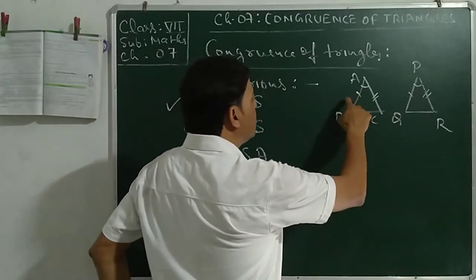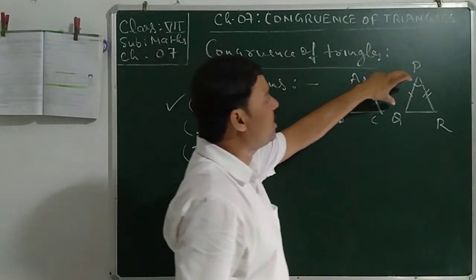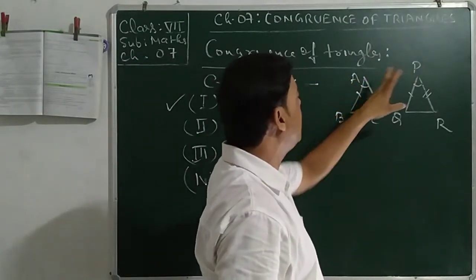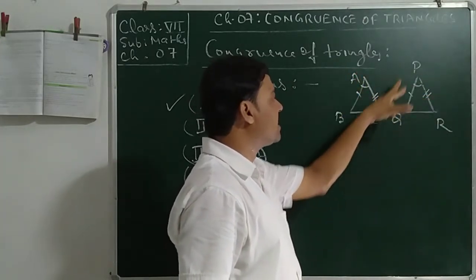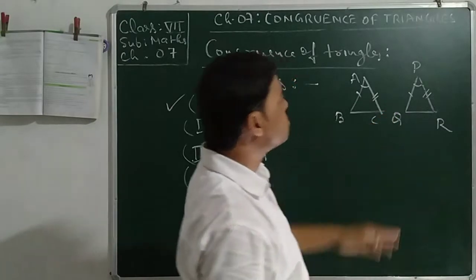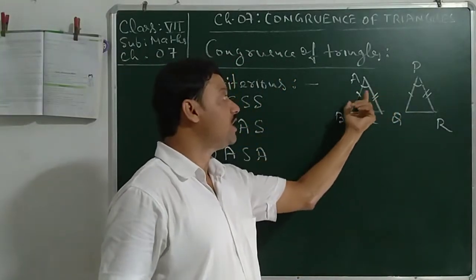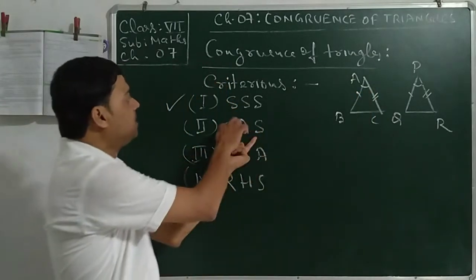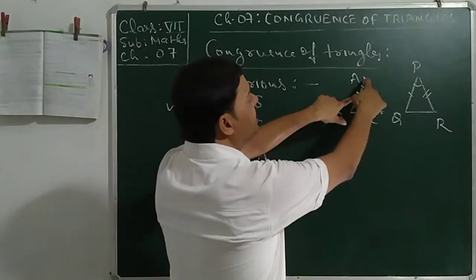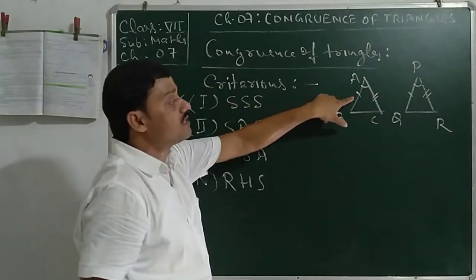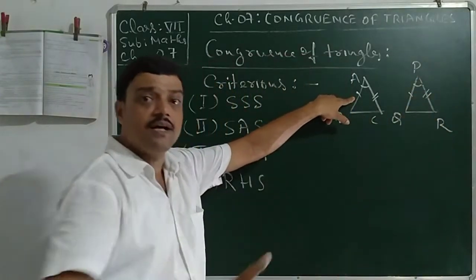If corresponding sides, that means AB is corresponding to PQ and angle A is corresponding to P and AC corresponds to PR. If corresponding two sides and included angle, that angle must be included between those two sides. That means if this side, this angle and this side of this triangle match with this side, this angle and this side, then they won't be congruent.